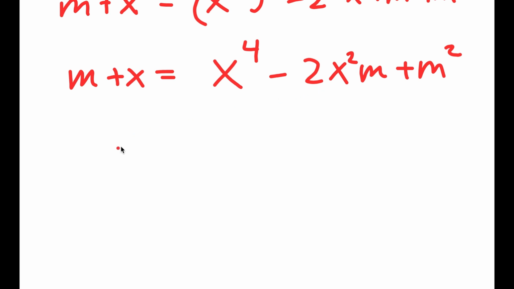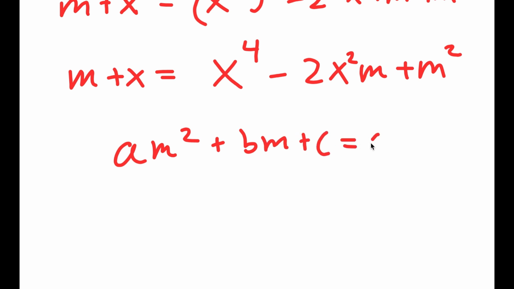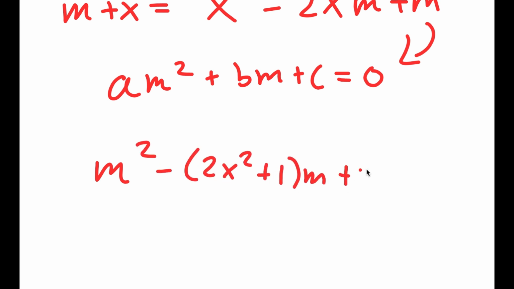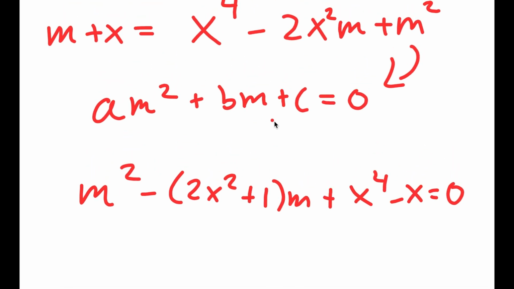And now, I have something in the form a times m squared plus bm plus c equal to 0, which is what I have here. So this is going to turn into m squared minus (2x squared plus 1) times m plus x to the power 4 minus x is equal to 0, because I moved everything to one side.